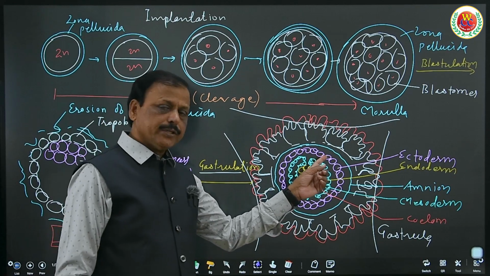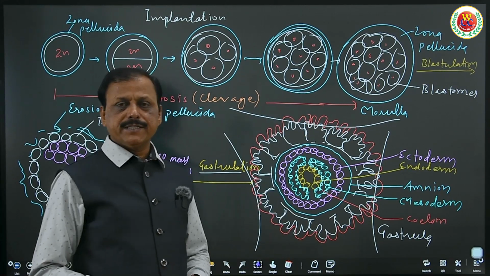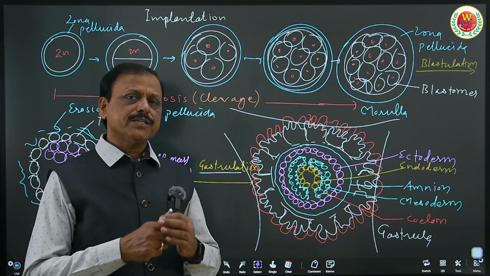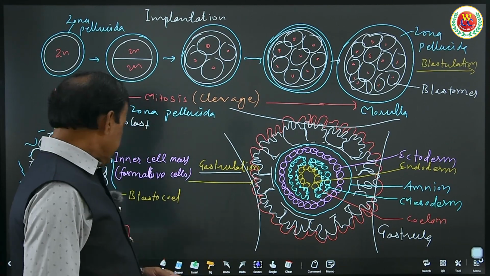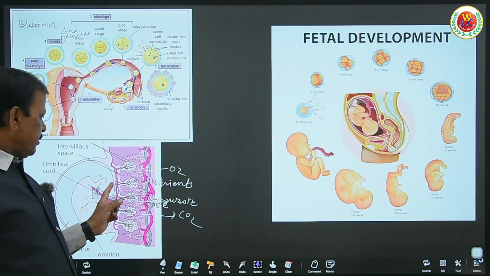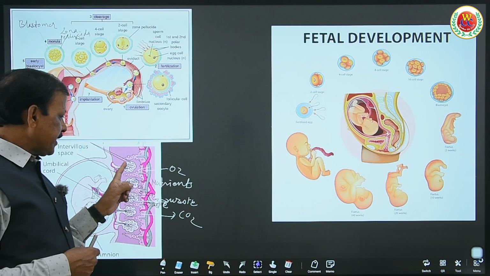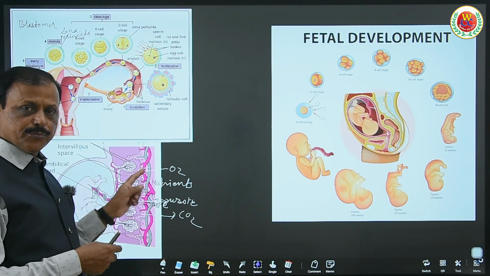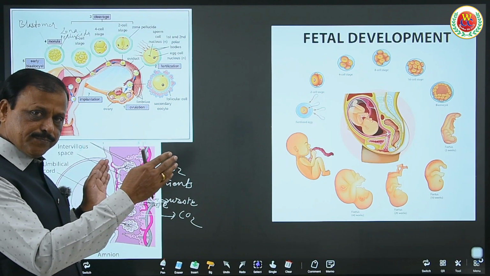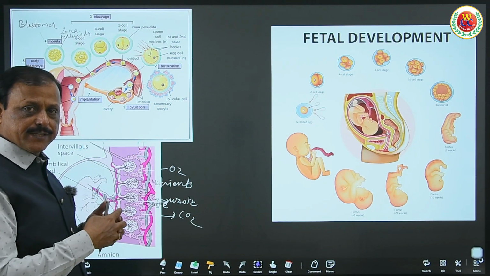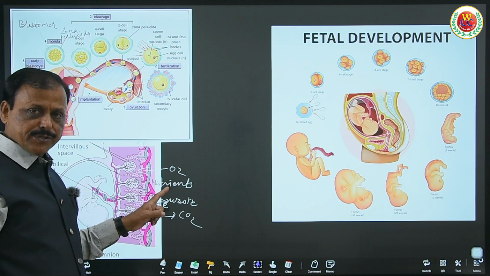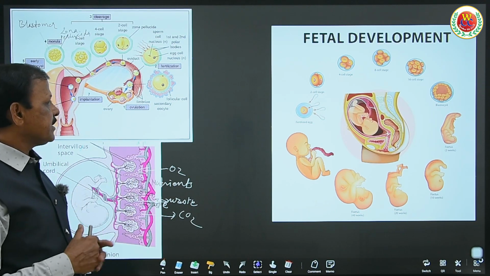Here. So ectoderm forms the placenta. So placenta is associated with umbilical cord, where the blood capillaries of fetus get in interdigitation through chorionic villi. So maternal and fetal chorion interdigitation with these blood vessels of mother and fetus come in contact for the exchange of oxygen and carbon dioxide and waste material and nutrients.